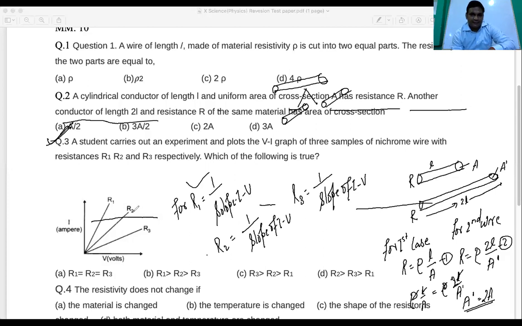So you can see which has a greater slope. R1 has a greater slope, so its resistance will be lesser. R3 has a lesser slope, so it will have a greater resistance. So R3 will have a greater resistance than R2 and then R1. It will be R3 greater than R2 greater than R1. This will be the correct answer.